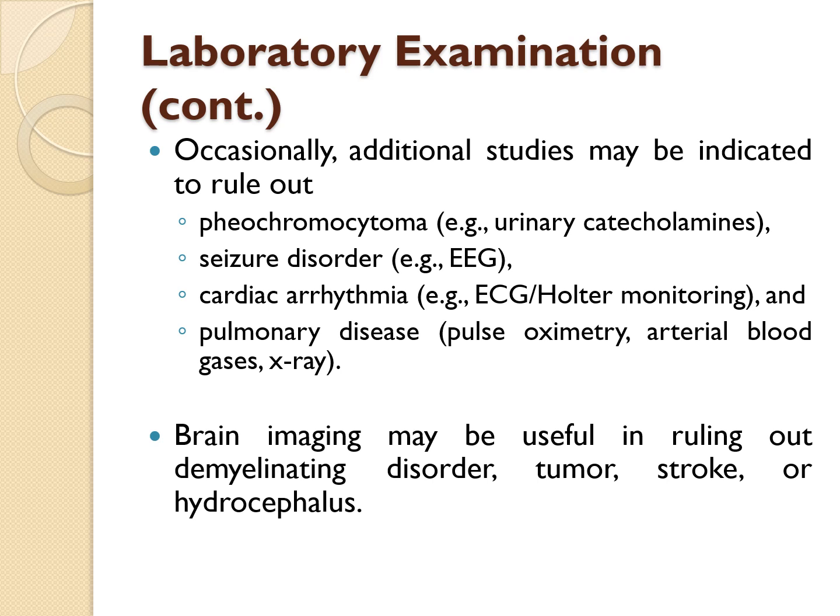Occasionally, additional studies may be indicated to rule out pheochromocytoma via urinary catecholamines, seizure disorder by EEG, cardiac arrhythmia by ECG or Holter monitoring, and pulmonary disease can be ruled out by pulse oximetry, arterial blood gases, and X-ray. Brain imaging may be useful in ruling out demyelinating disorders, tumor, stroke, or hydrocephalus.